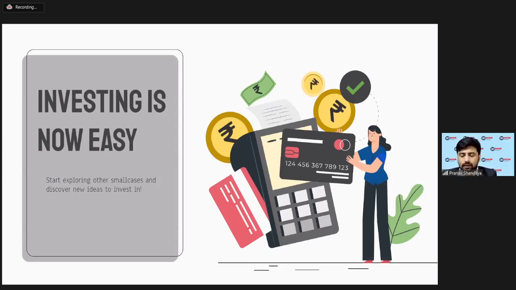So this is a new platform where investing is quite easy. You can take a look at a variety of investment strategies and basically go ahead and choose which smallcase basket, or which Kotak basket or ACE portfolio fits your investment requirement. And by having the fee structure and the investment structure available for debit in the same Kotak Securities account, you'll be able to go ahead and transact very smoothly on the platform.